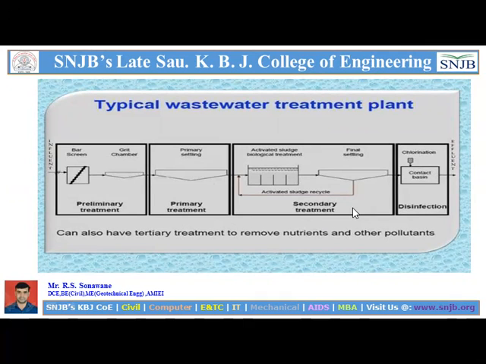It's the soul of any wastewater treatment plant. There are two units: the activated sludge biological treatment plant, and the final settling. We already discussed these two in detail in units 3 and 4.